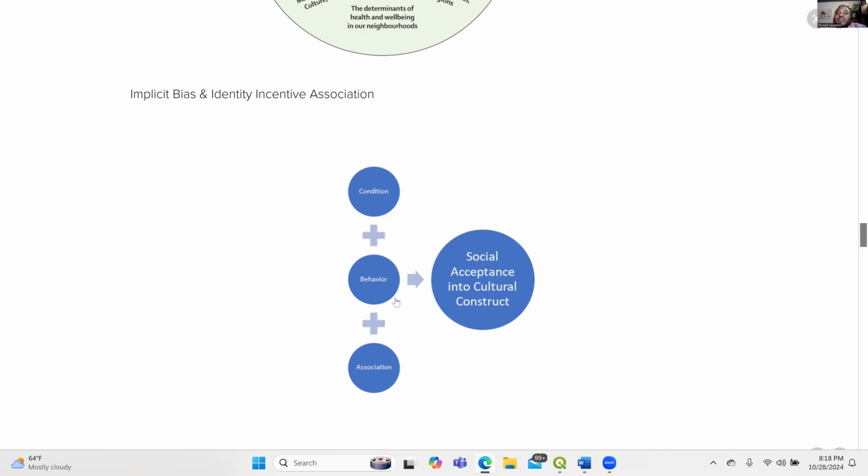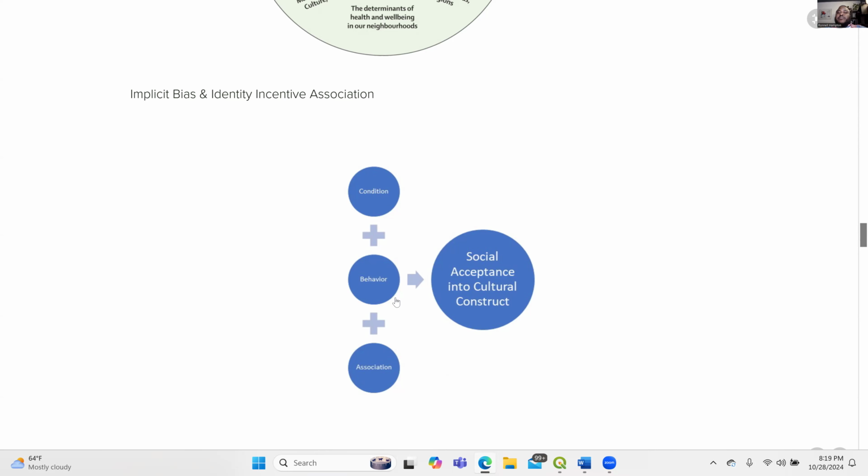So this concept believes that our identity is made up of three parts, which includes our condition, which includes our sex, our gender, our mental health, things of that nature. And then you have your behavior, which is your attitude, the way you wear your hair, maybe even the clothes you wear, and then the associations that we have.